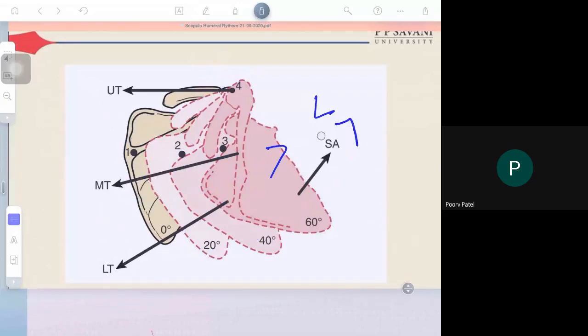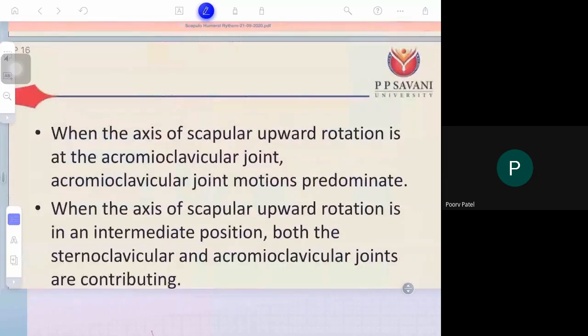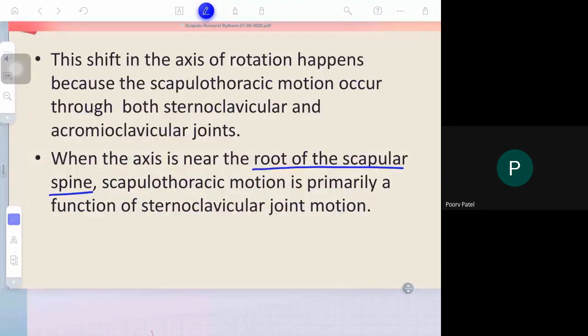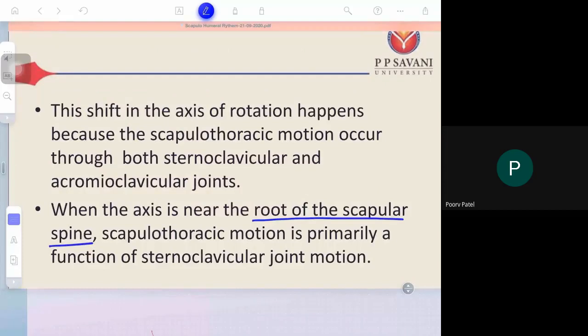When the axis is near the root of the spine, scapulothoracic rotation occurs as a primary function of the sternoclavicular joint. Clear?